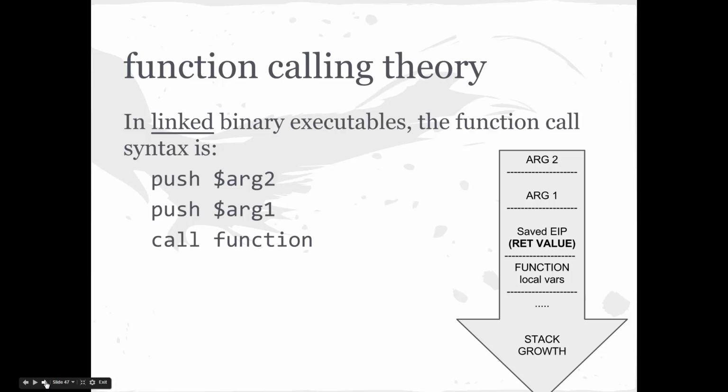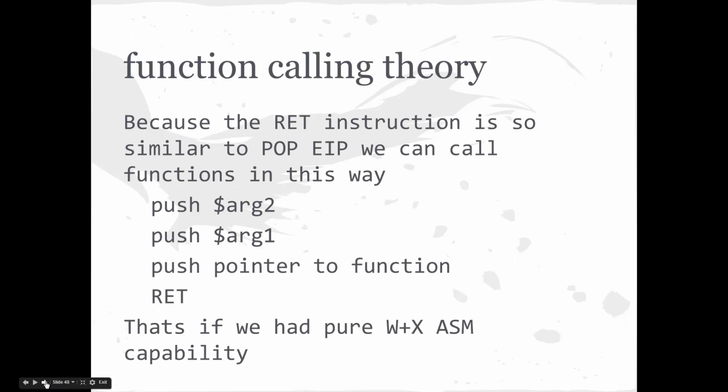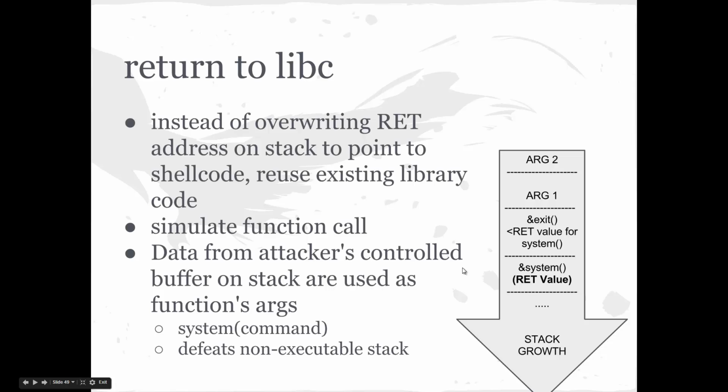If you recall our very simple example, I apologize for the diagram being inverted. The stack is growing to the bottom of the slide. This is lower memory and the top is higher memory here. If you remember, we chained the return from system to go straight to exit. What if we wanted to go to an arbitrary function, maybe jump from function 1 to function 2 to function 3?